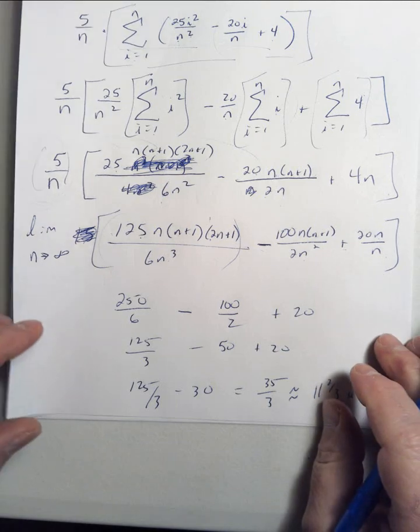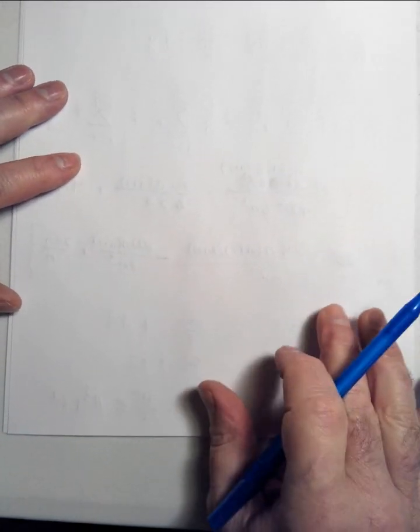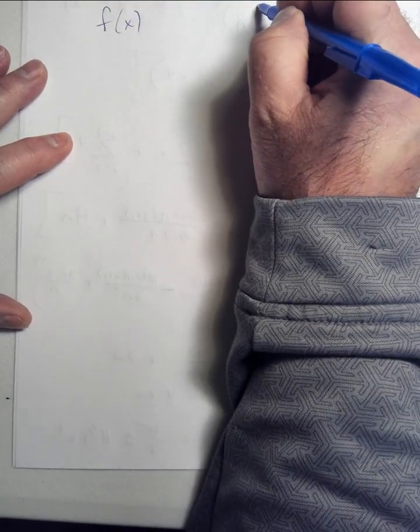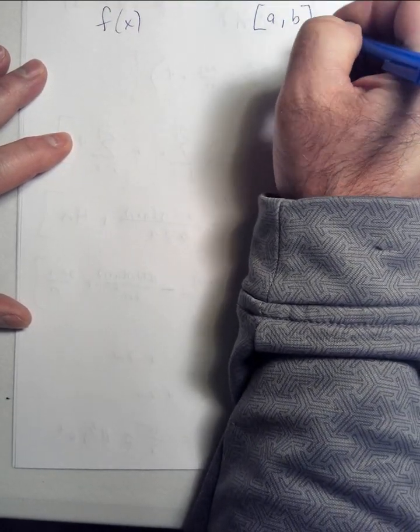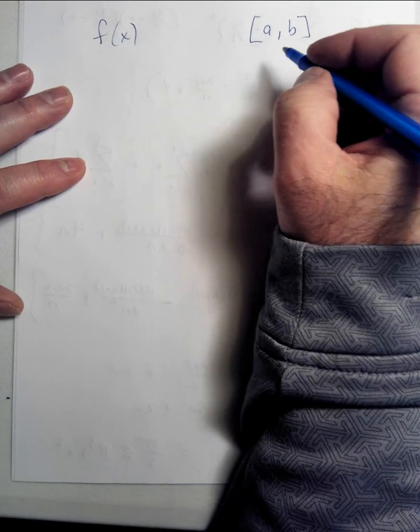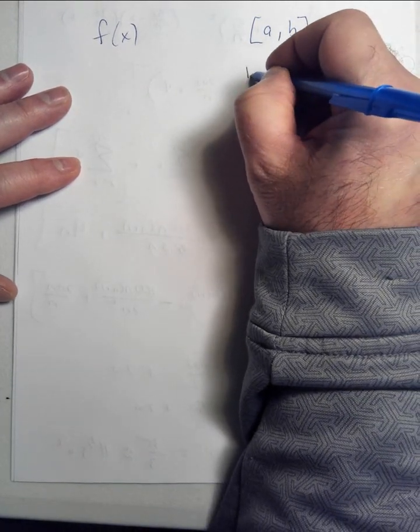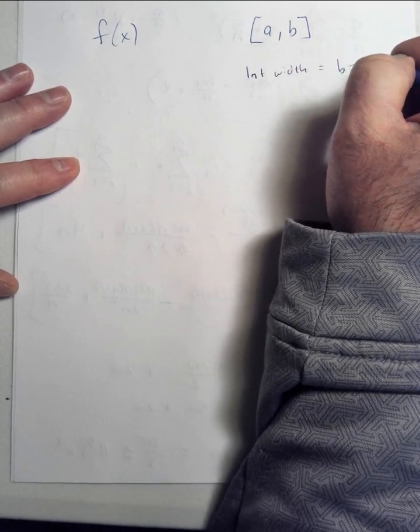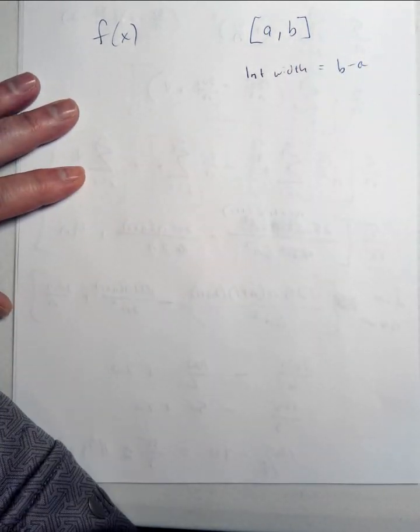Okay, so in general, what do we got going on here? So we have a function, some function, right? And let's say our function is f, and my interval could go from a to b. So if my interval goes from a to b, that means my interval width is b minus a.